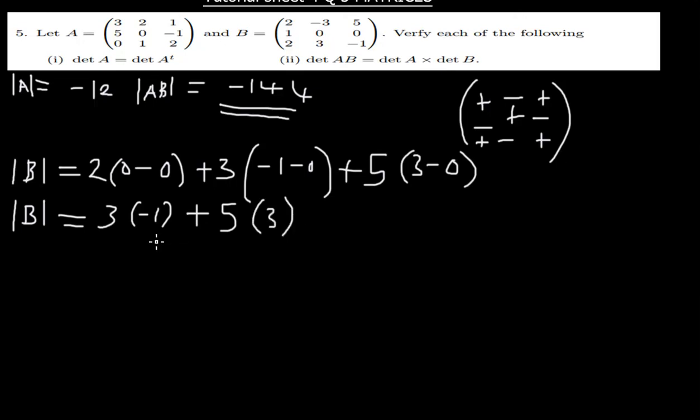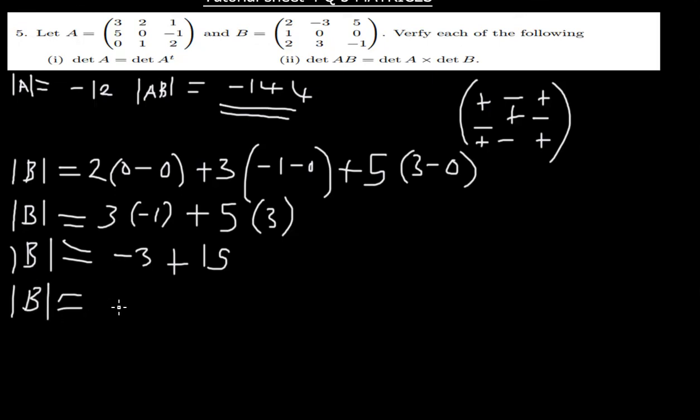Then you simplify that: 3 times negative 1, you get negative 3. Then 5 times 3, you get 15. So your answer will be negative 3 plus 15. You get 12. So the determinant of B has given us 12.